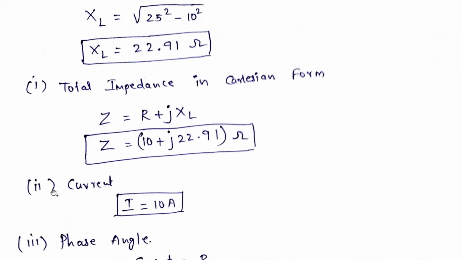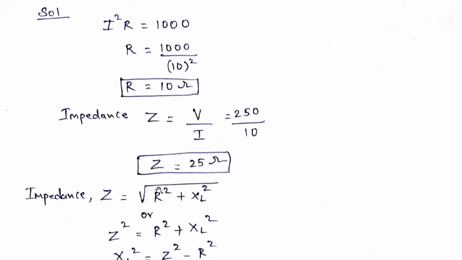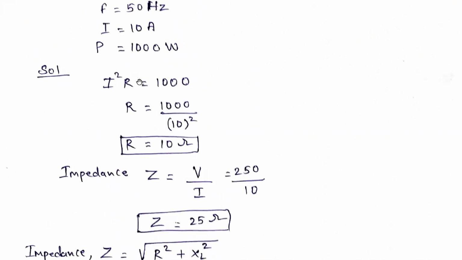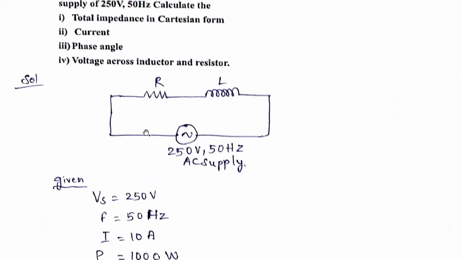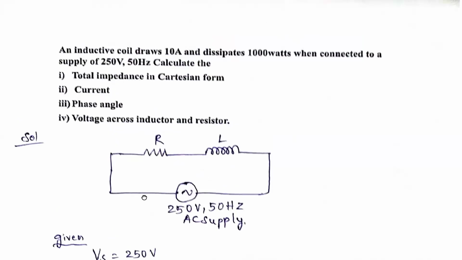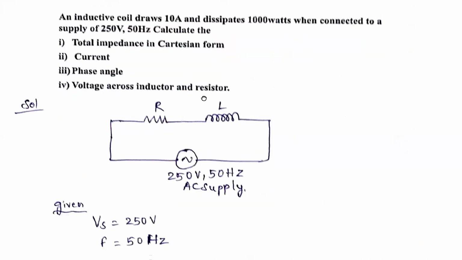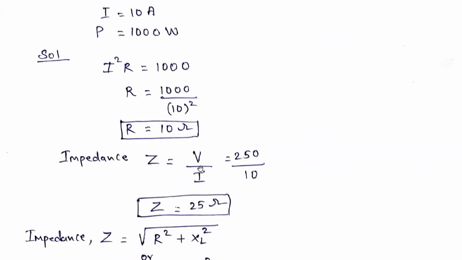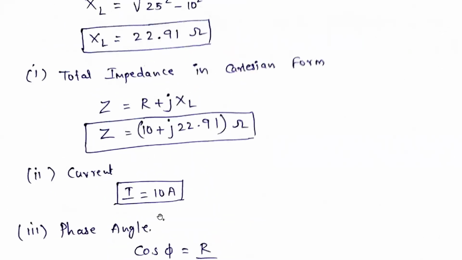Next, they want us to calculate current I. I is already given, so easily you can write: current drawn is 10 amperes.